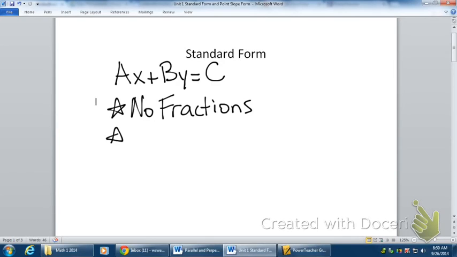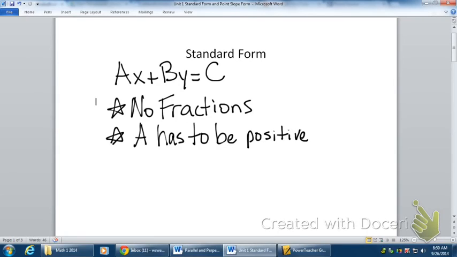Lastly, the value a has to be positive. Okay, the value a has to be positive.